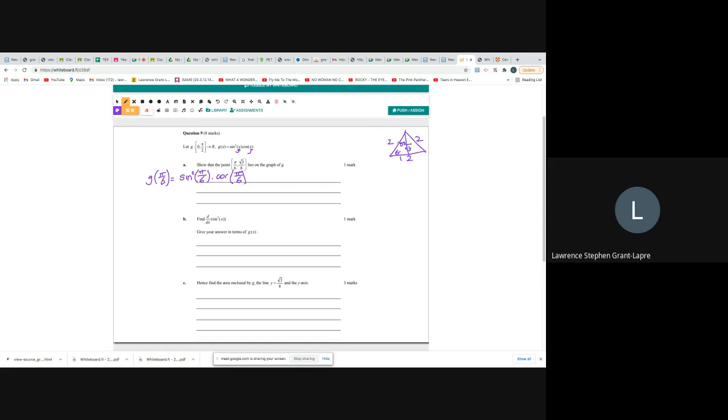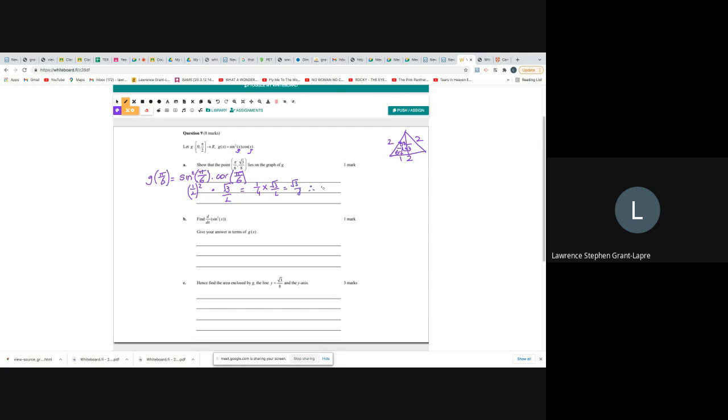So sine of 30 is a half, opposite over hypotenuse. Square that. And cos of 30 is adjacent over hypotenuse, root 3 over 2. That equals a quarter times root 3 over 2, which is root 3 over 8.